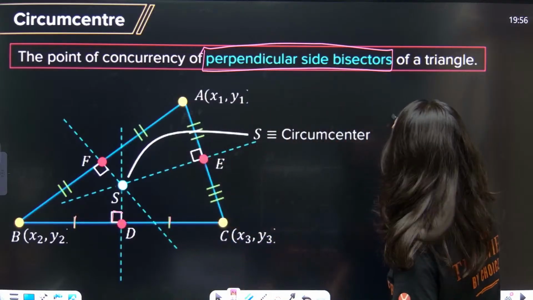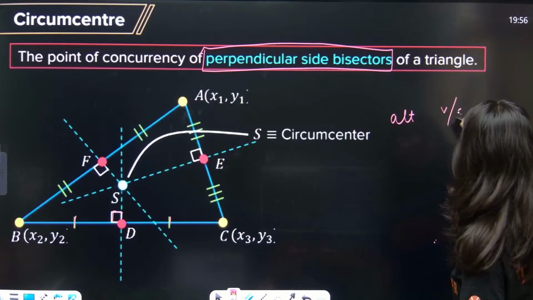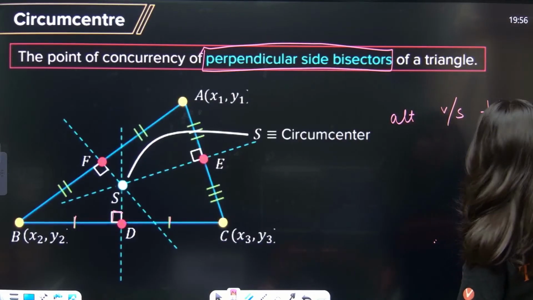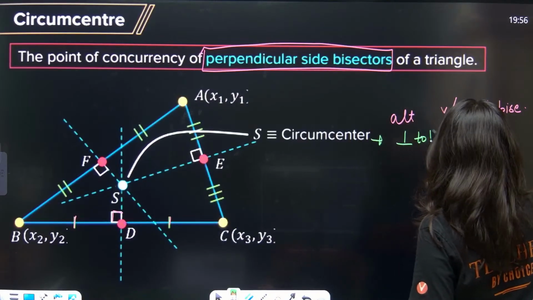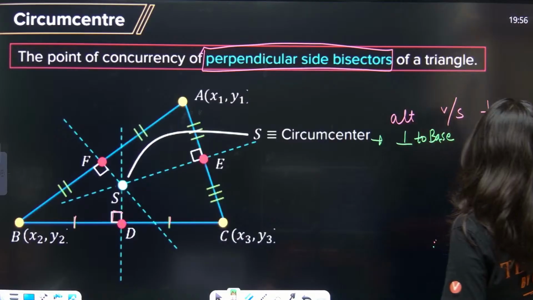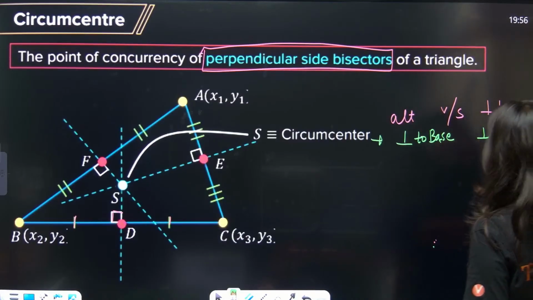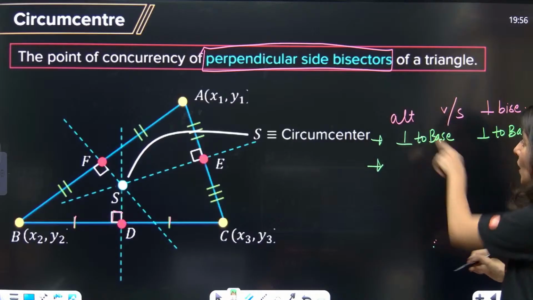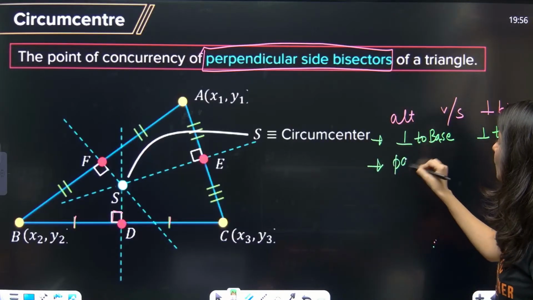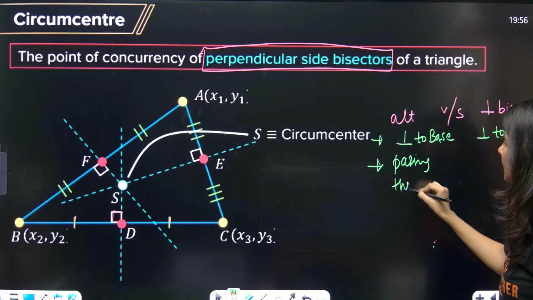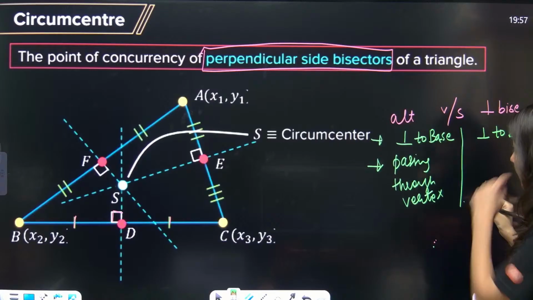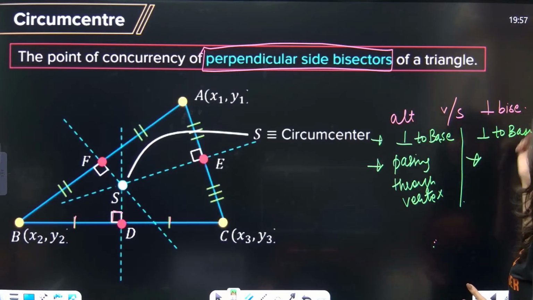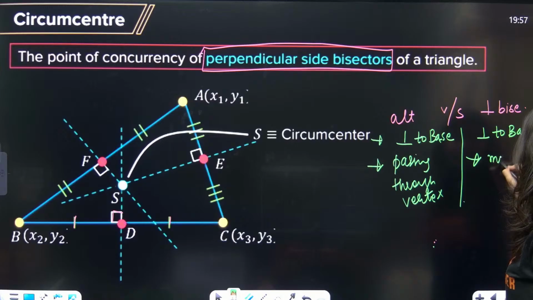So altitude versus perpendicular bisector. Both are perpendicular to the base, and both have this similarity. But altitude is passing through a vertex, and perpendicular bisector is passing through the midpoint of the base.